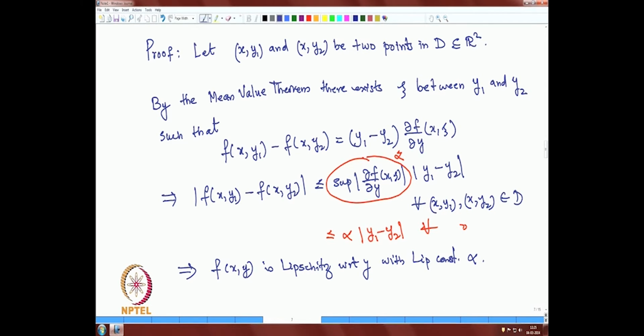Therefore, if a function is differentiable, it is easy to check the Lipschitz continuity if we can find a bound for the partial derivative with respect to y.